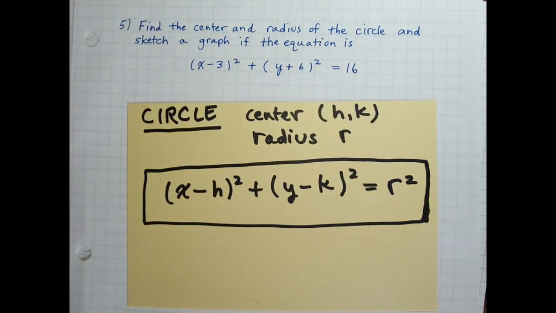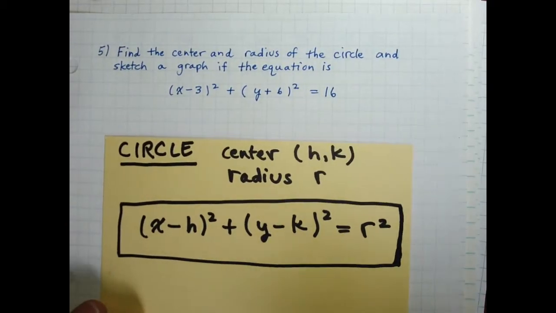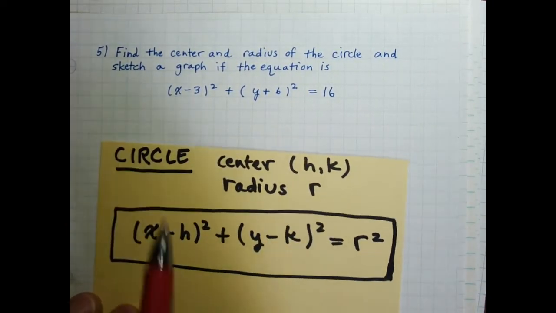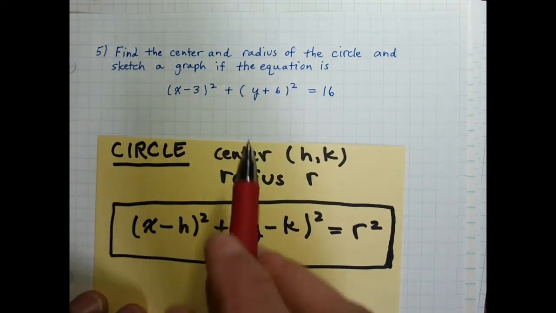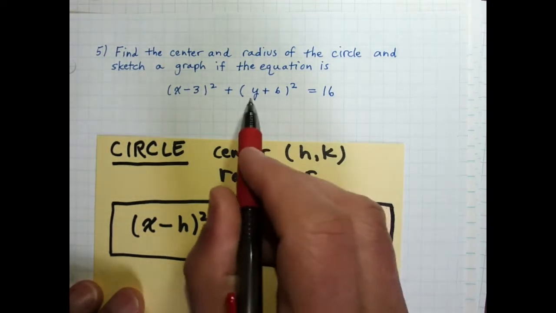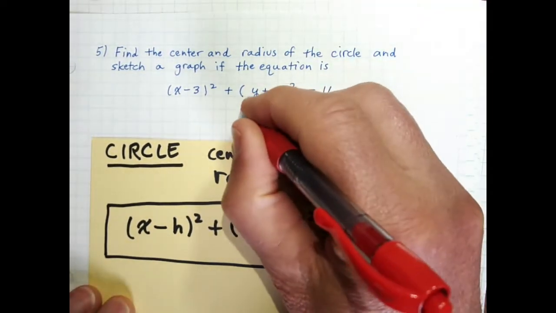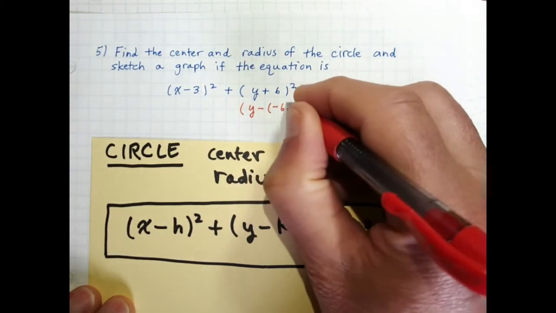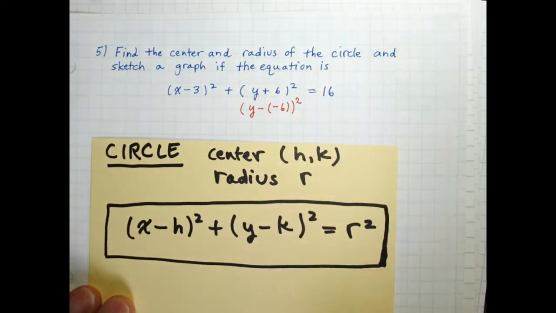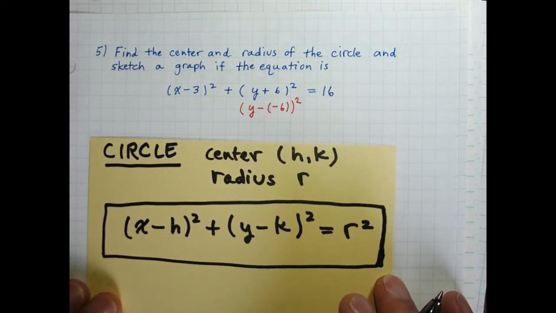Notice that it looks like we have that form. (x − 3)² is like (x − h)². Instead of y minus k, we have (y + 6)², so we have to think of that y plus 6 as y minus a negative 6, squared. That's telling us that the k value is actually negative.